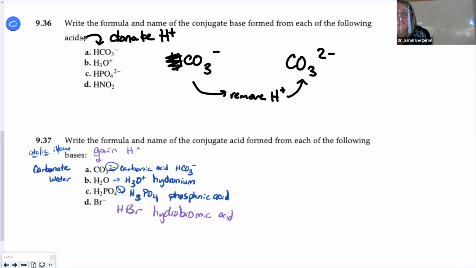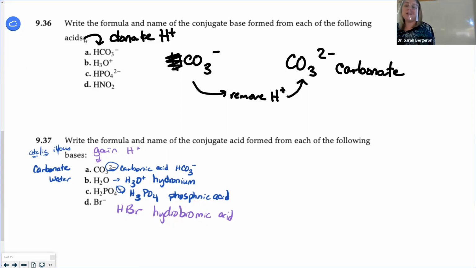What do we call this? Do you have to remember? Go to your polyatomic ion table, right? It's multiple atoms and those atoms are charged. So what are we going to call it? Carbonate.